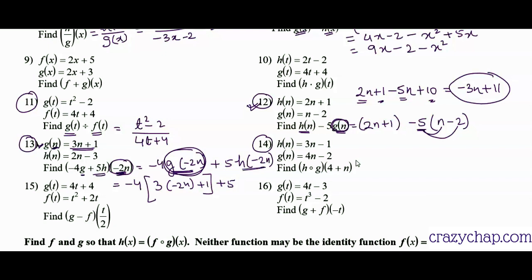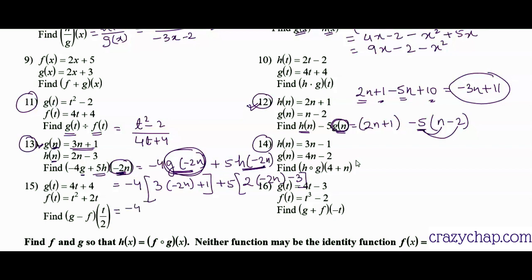And this is h of minus 2n. So for the h function, in place of n, we'll have to replace minus 2n. So we get 2 times minus 2n and minus 3, right? We'll simplify this, guys.